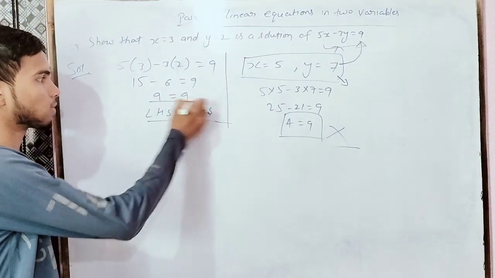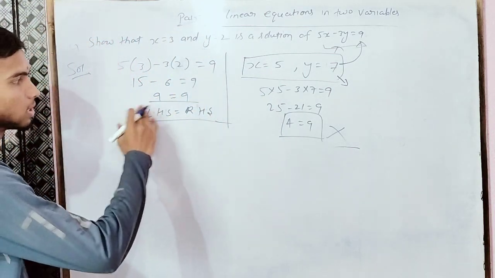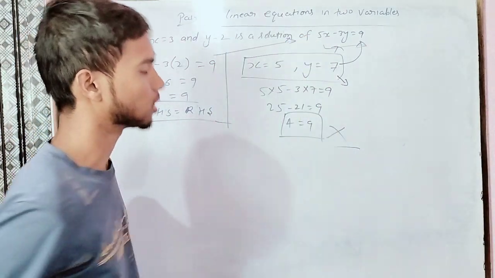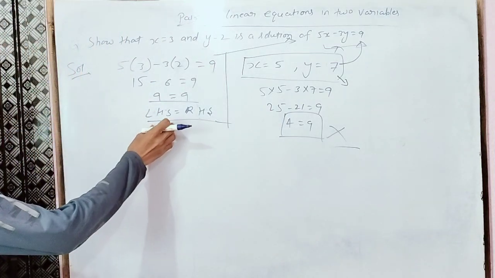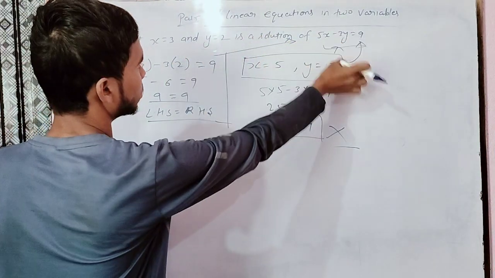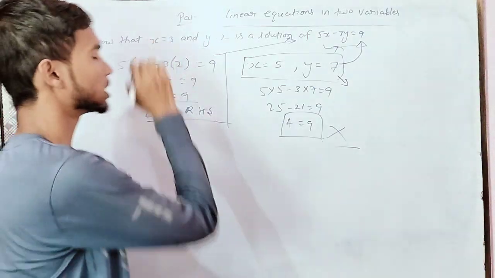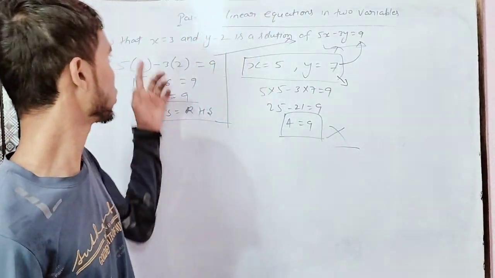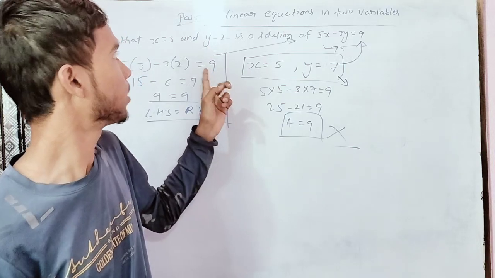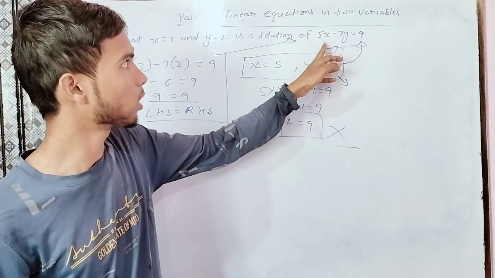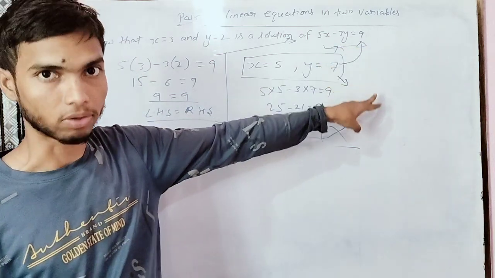So here, LHS and RHS are equal to each other. So we can say yes, this is the solution for this linear equation. You would say that this is the value of x and this is the value of y, which is the answer of x and y of this linear equation.